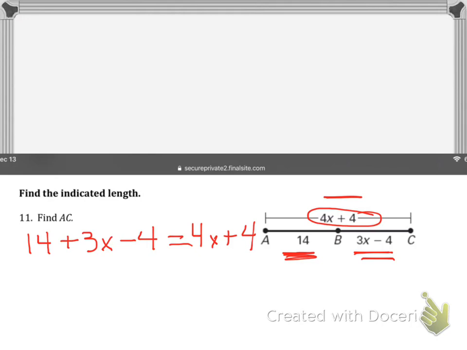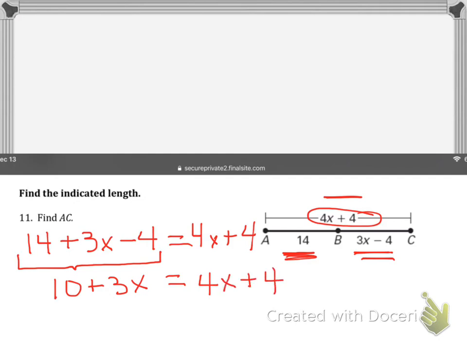So now we're going to combine like terms. On this side of the equation, I have two sets of numbers, the 14 and the minus 4. I'm going to combine them and rewrite it as 10 plus 3x, and that's going to equal 4x plus 4. Now my goal is to have x's on one side and numbers on the other.